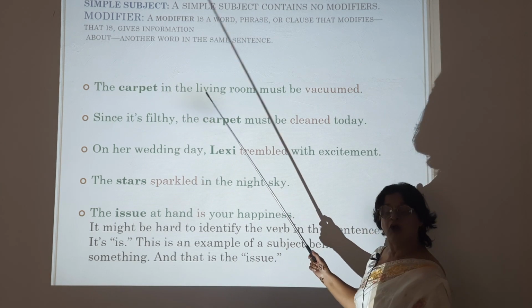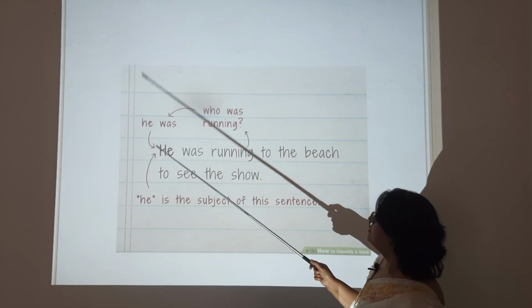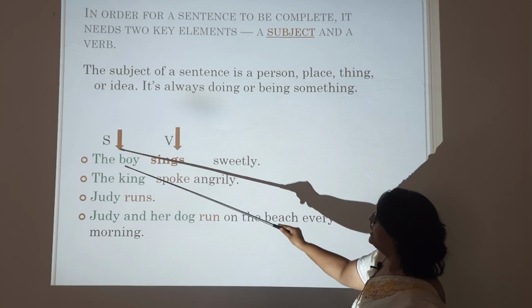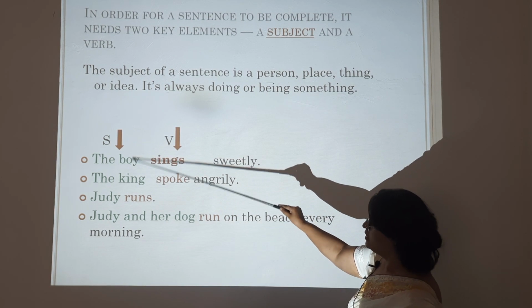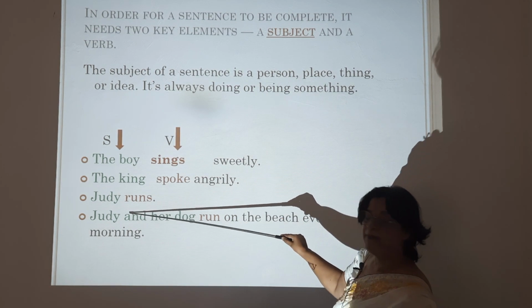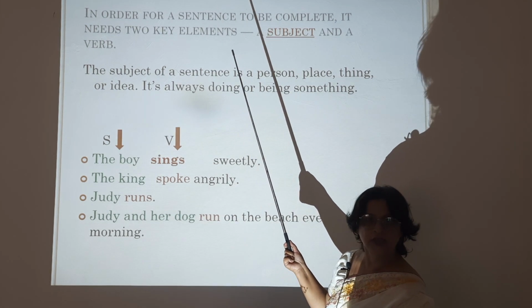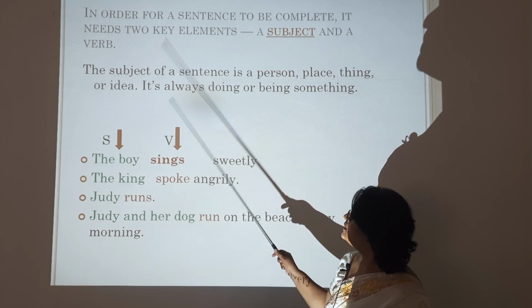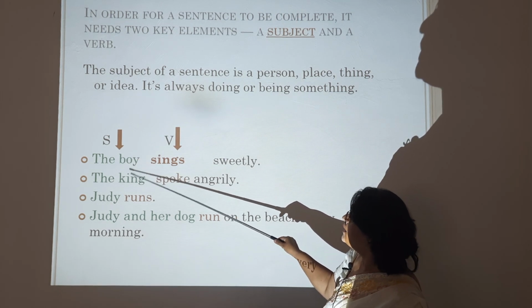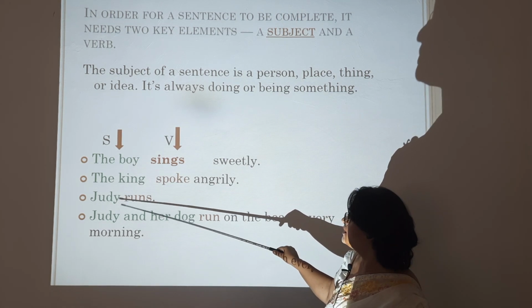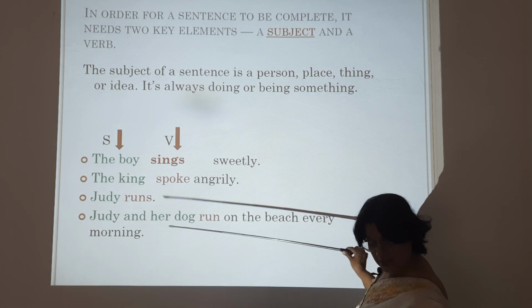Now if you look at the previous examples, you would see that the subject in these examples came at the beginning of the sentence. But is it true in all cases? No, it is not necessary that the subject should be at the beginning of a sentence. It can be even in mid-sentence.